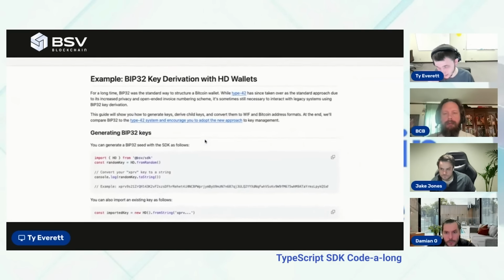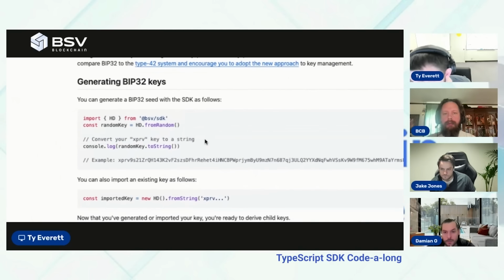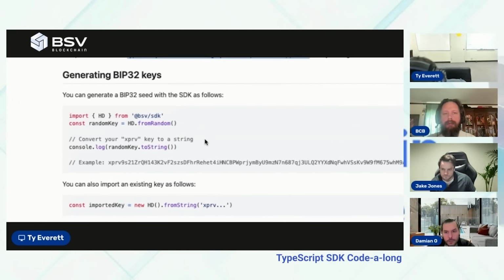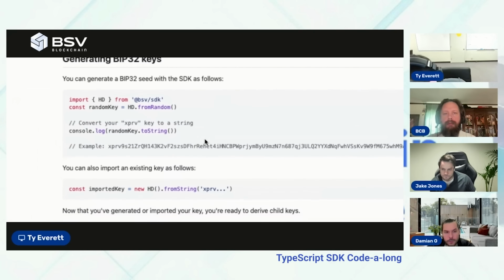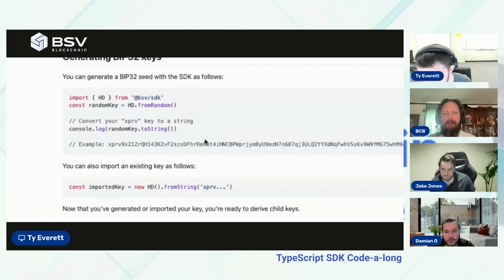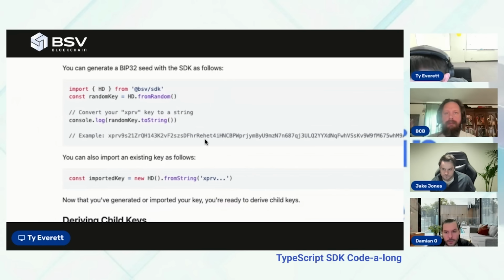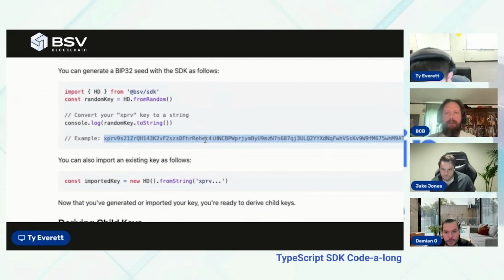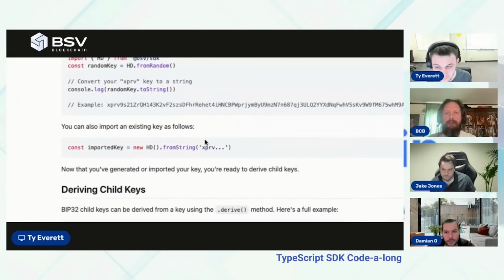And so you can see that here we are importing the HD method from the HD class from the library. We're creating a random key, and then outputting it here as a string.